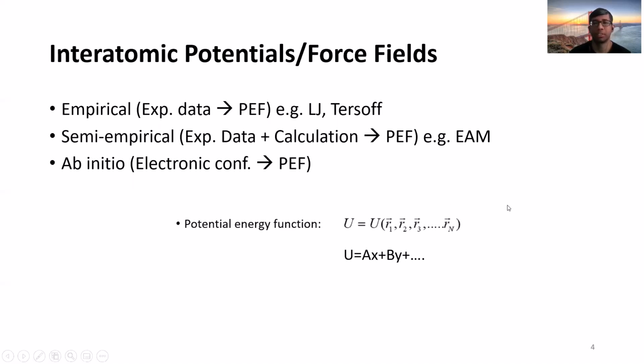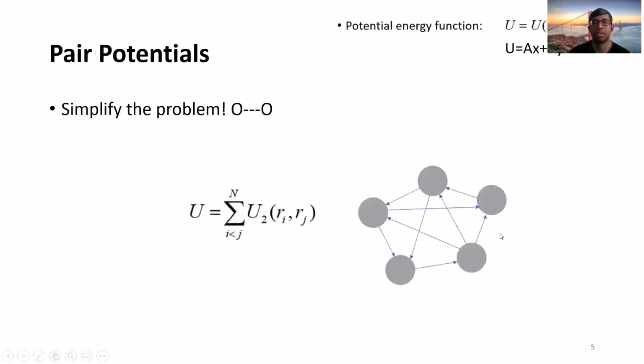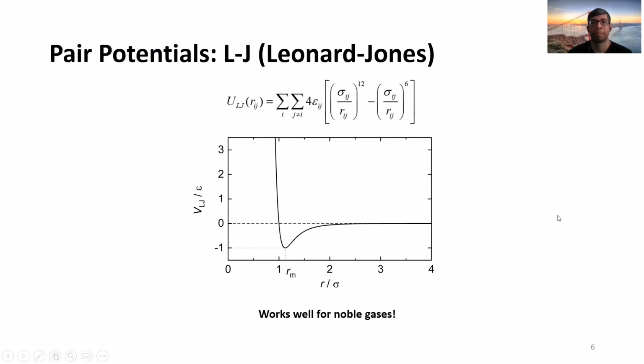As we have mentioned, the functional form called interatomic potentials or force fields describes the energetic state of a system, and it can be expressed by a functional form. The simplistic functional form is the pair potential, and a popular example is the Lennard-Jones potential, which doesn't consider anything else but interaction between two atoms.